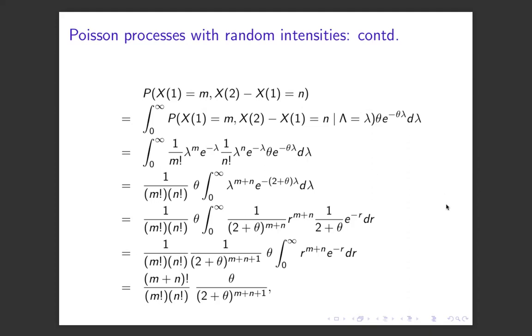So again, the gamma integral comes into the picture, and that is why you have this one here that comes in the numerator.